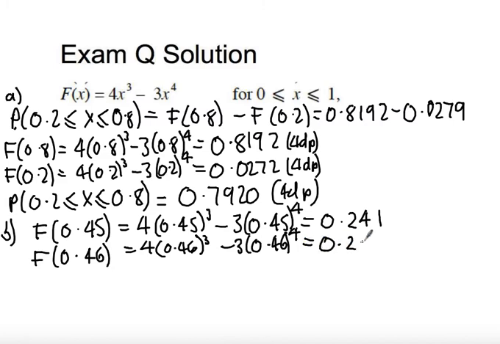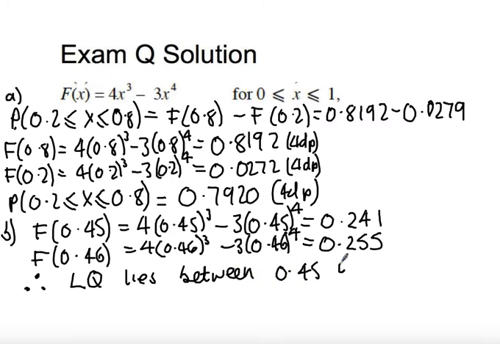We get an answer of 0.255. And so you can see it's slightly more than the lower quartile. So therefore, the lower quartile lies between 0.45 and 0.46. Just remember to state what it is that you've actually found.